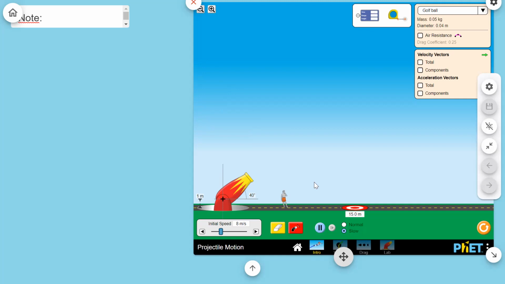Let's try to see the path of the projectile motions, everyone. I also set up the initial velocity again with the same angle. And then one more.